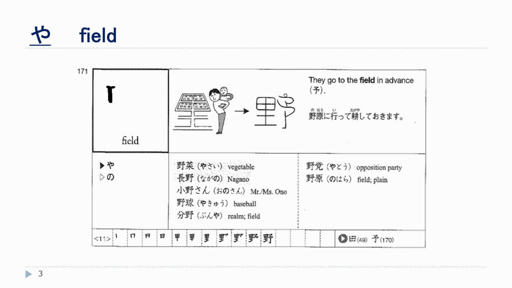Once again, counting the strokes through 12. One more time, 1 to 11. So this is the ya in yasai and yakyu.